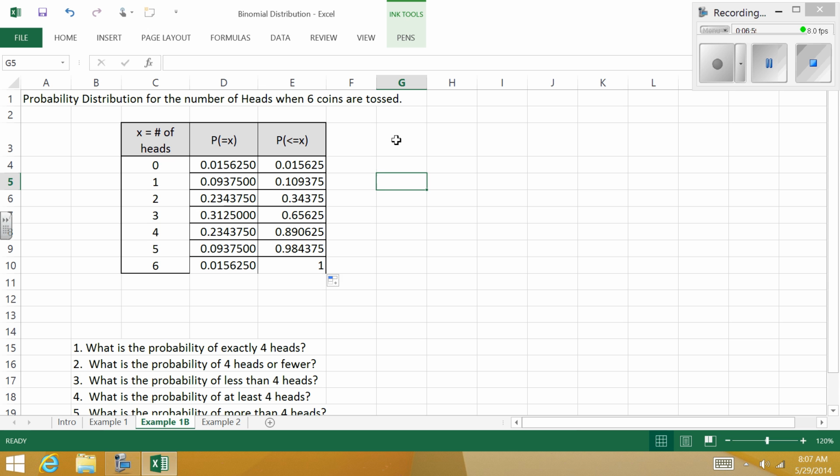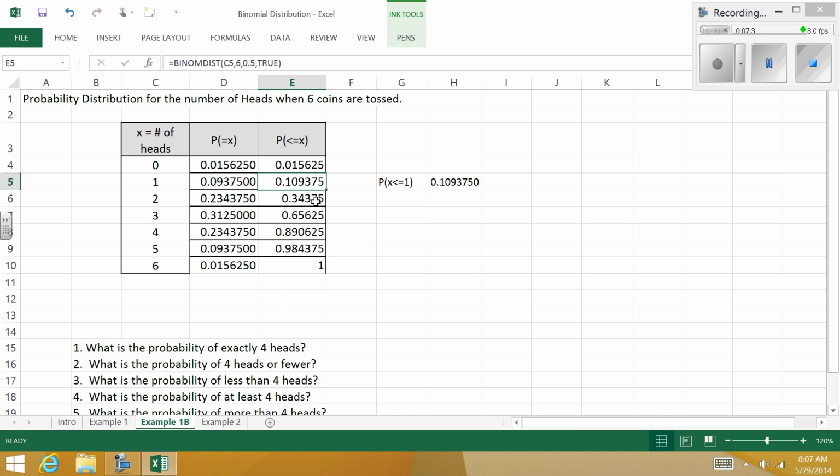So the probability that I get less than or equal to 1 heads in 6 tosses of a coin is going to be either getting 1 head or getting 0 heads in those 6 tosses. And so what I'm getting here in the second column, the column where I put in the word true for cumulative, is a running total.